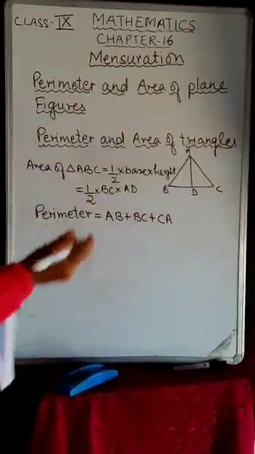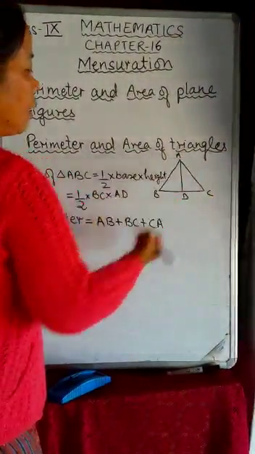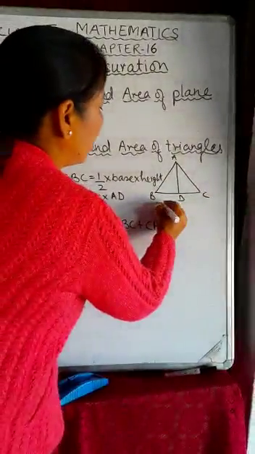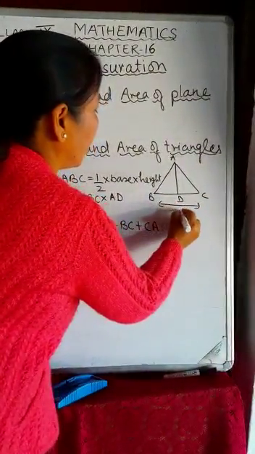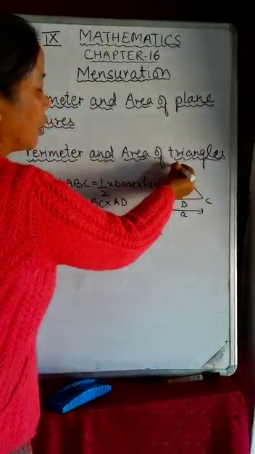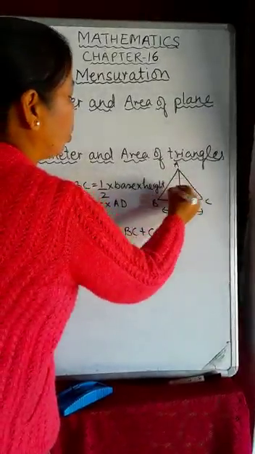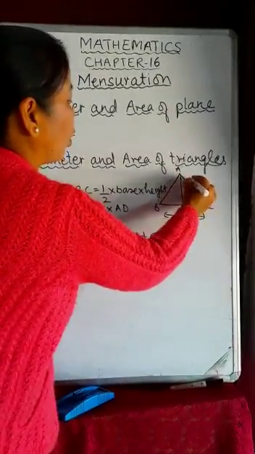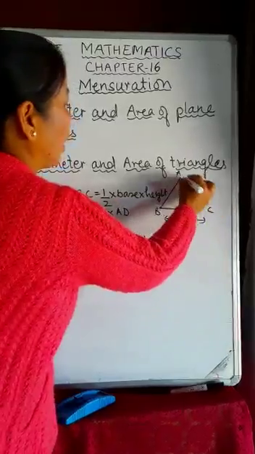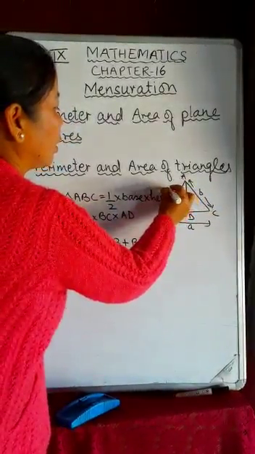And in this figure, if the lengths of all the three sides are different, the side opposite to the vertex A is taken as small a, the side opposite to the vertex B is taken as small b, and the side opposite to the vertex C is taken as small c.